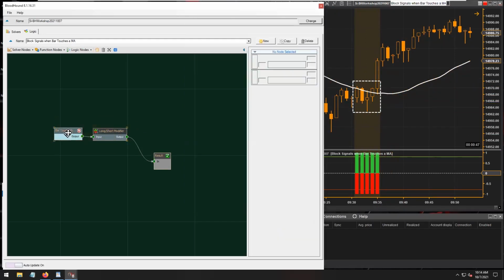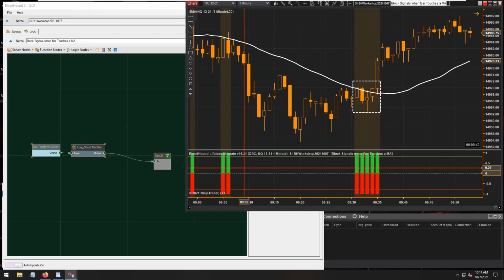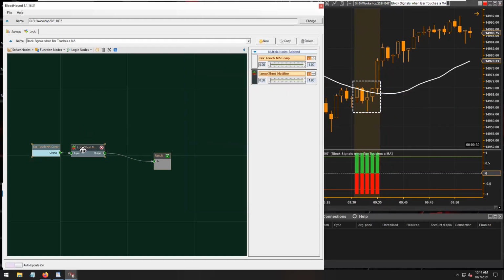So since this is producing an output, right, a long and a short output, this would actually allow signals only when price touches the moving average, right? So this is the opposite of what Ashley's looking for here. So there's an example of the opposite, right?